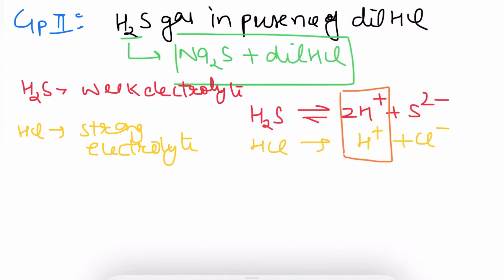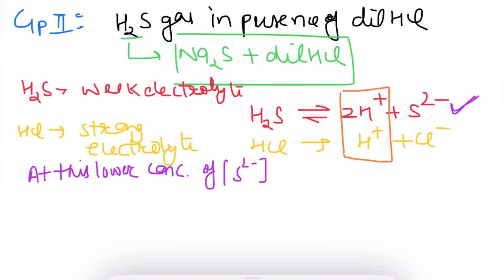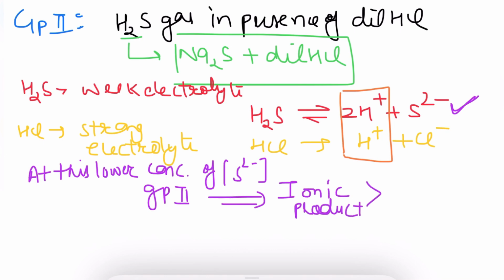So this reaction shifts in the backward direction according to Le Chatelier's principle, and this maintains a low concentration of sulfide ion. At this lower concentration of sulfide ion for group 2, the ionic product becomes greater than the solubility product.